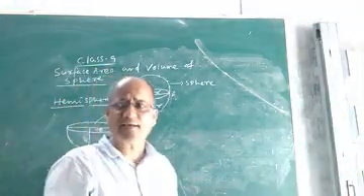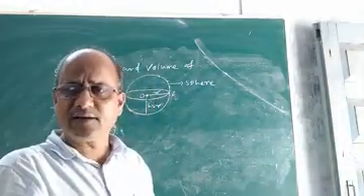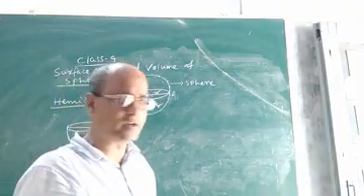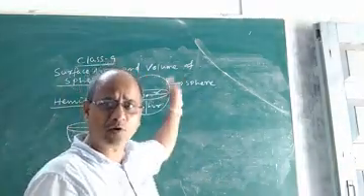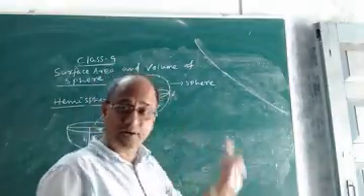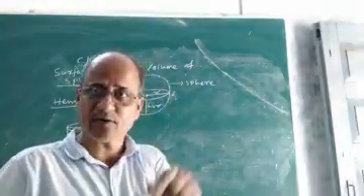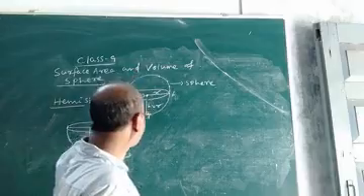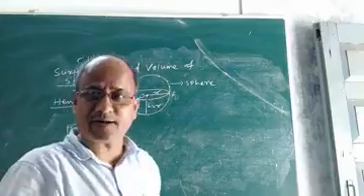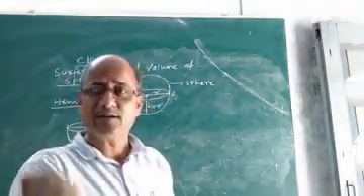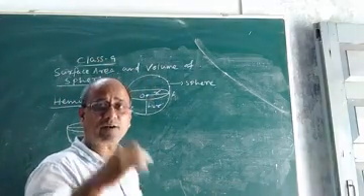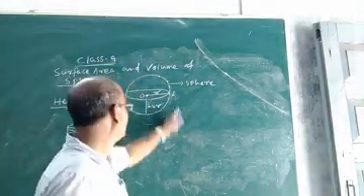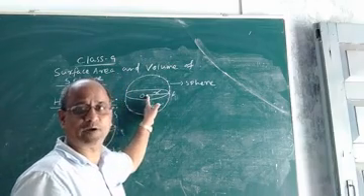So we can say that a sphere is a three-dimensional object or solid which is the set of all points which are equidistant in space, not in a plane. If it is a plane, it will become a circle, not a sphere. The set of all points in space which are equidistant from a fixed point.